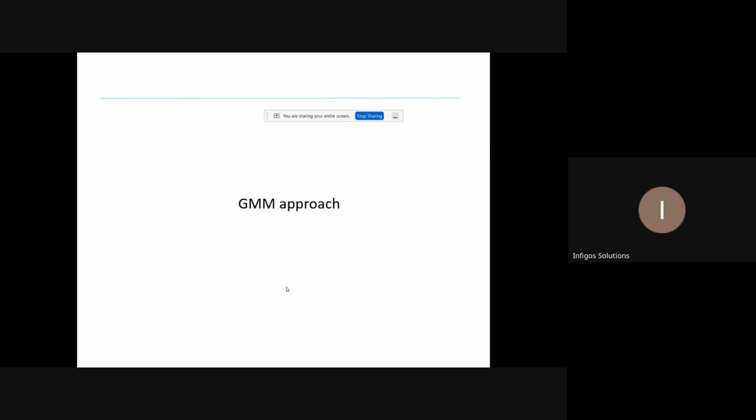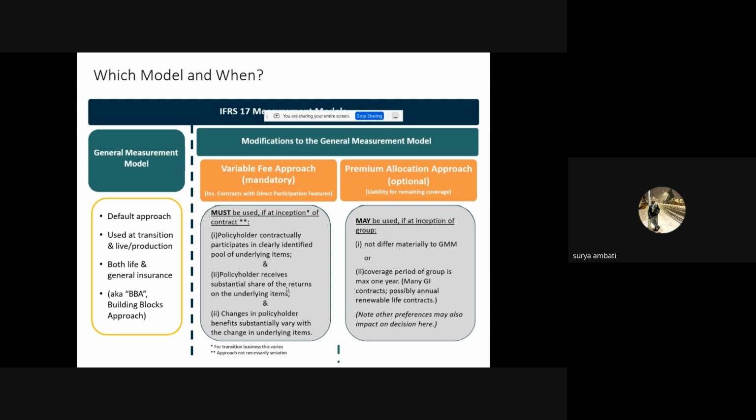So we will deep dive into the GMM approach now. We had talked about three different approaches. The GMM model is the default approach for most insurance companies, and it's used in production for life insurance and general insurance.